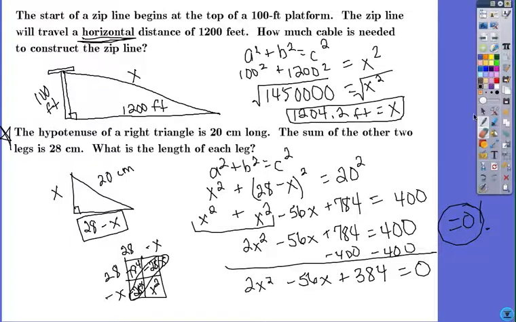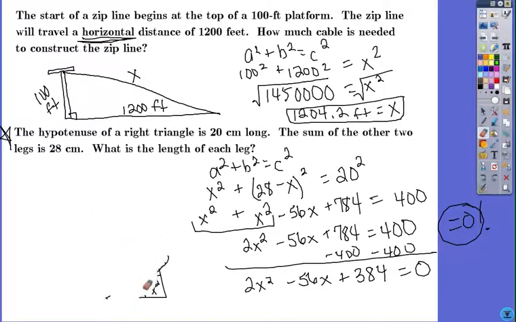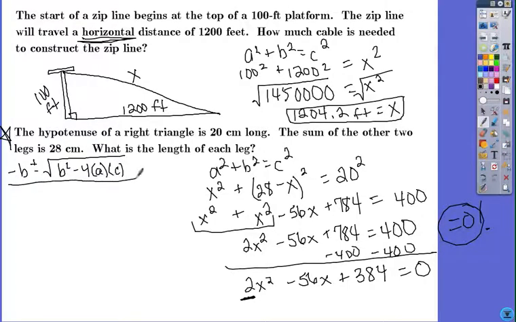My options for solving, I'm going to erase this so we have room. My options for solving are I could factor, I could complete the square, or I could use the quadratic formula. Because the coefficient of x squared is bigger than 1, I'm going to go ahead and use the quadratic formula, which is the opposite of b plus or minus the square root of b squared minus 4 times a times c, and everything over 2 times a.